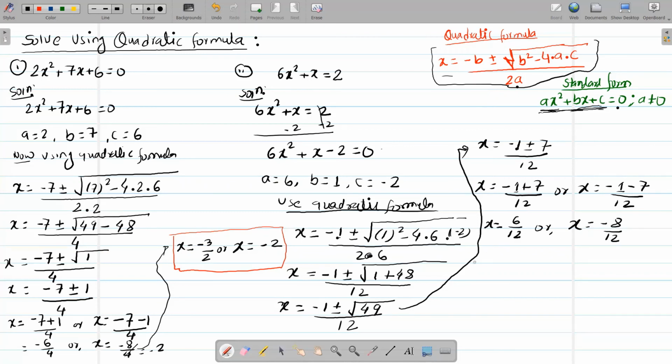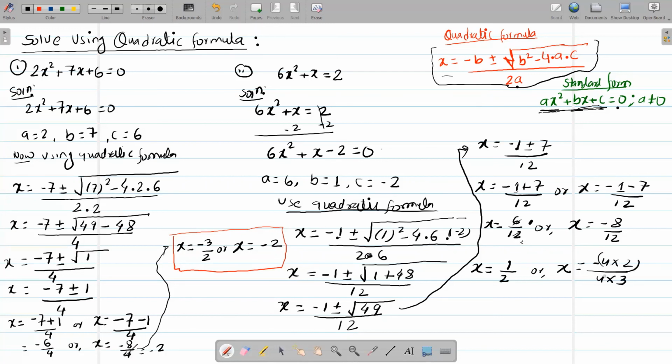Let's simplify this. So x is gonna be 6 is 6 times 1, 12 is 6 times 2, so 1 over 2, or x is gonna be equal to what? If we divide, the factor of 8 is 4 times 2, the factor of 12 is 4 times 3, right?